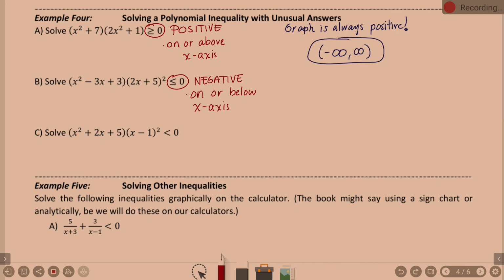There's no 0. So, there is. Yeah, there is. Zoom in. We're at negative 2.5. It doesn't look like it at first.